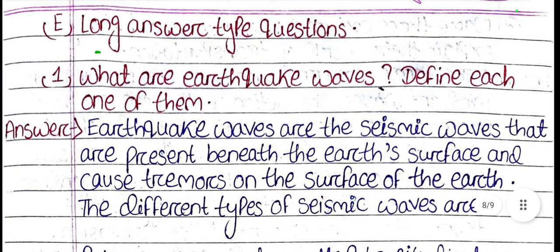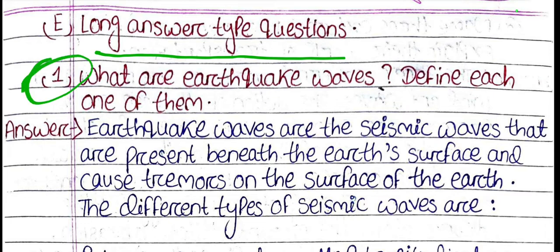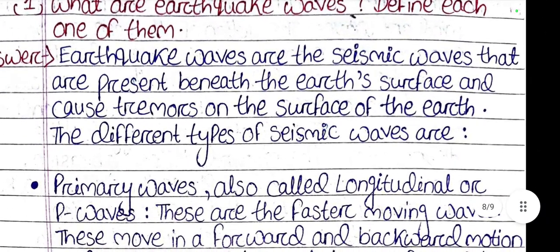Okay. The next is the long answer type question. First question is, what are earthquake waves? Define each one of them. Earthquake waves are the seismic waves that are present beneath the earth's surface and cause tremors on the surface of the earth.